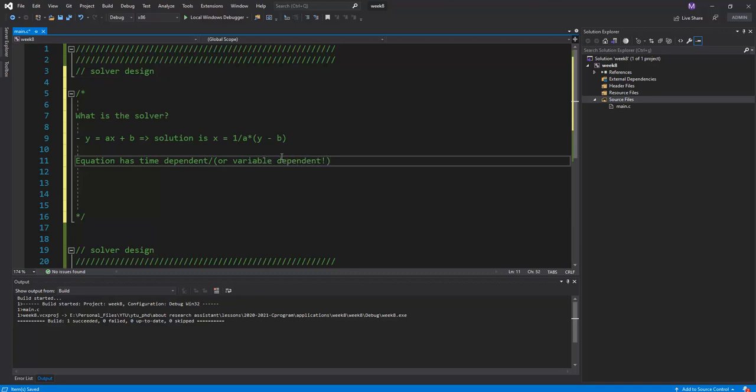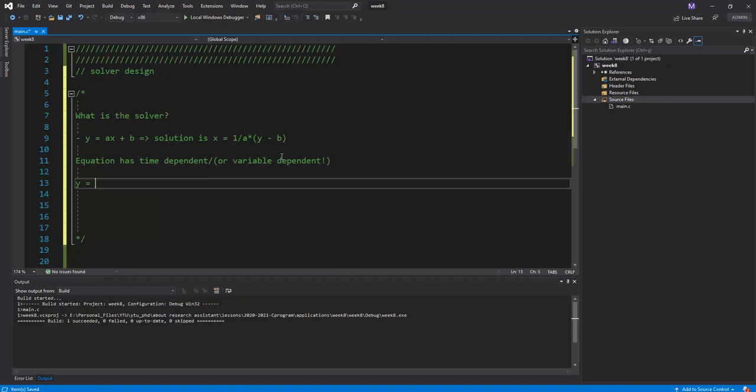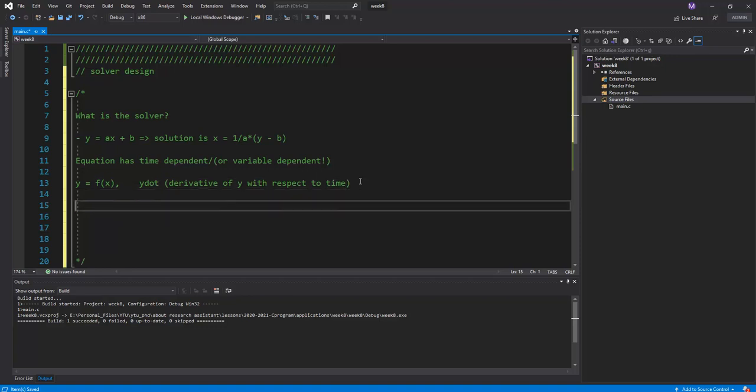In the math class, you should see that y is equal to f, a function of x, and if we know the x value, we can generate the y value in here. But what about this? If we have this kind of equation, y dot means the derivative of y with respect to time. Okay, this is our problem.